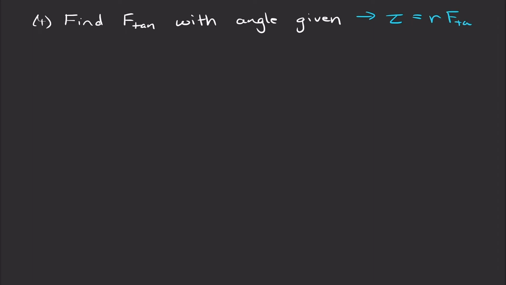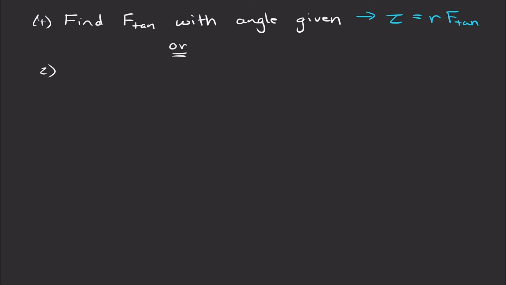Okay, so let's sum that up really quick. The first option would be to find F tangent with our angle that's given, and then we use tau equals R times F tangent.